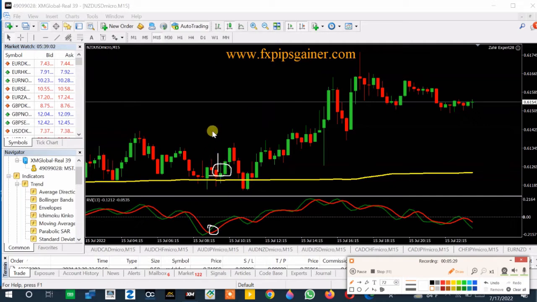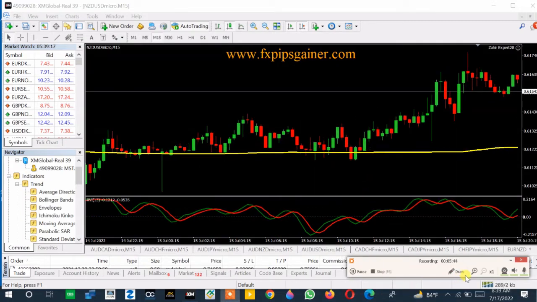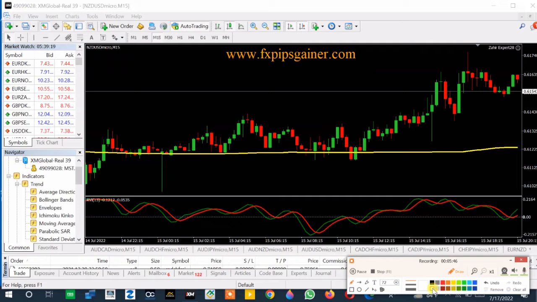It is a fantastic buy opportunity for us, but we need to ignore this one. Again, another entry point is here. Here is another entry point.